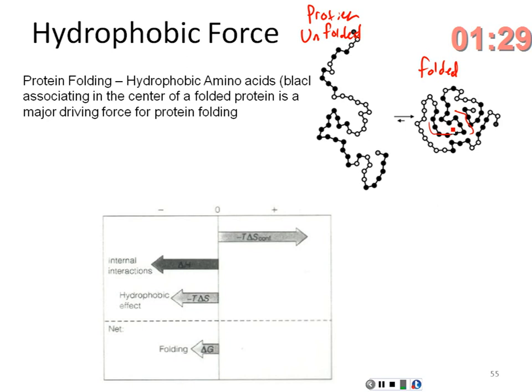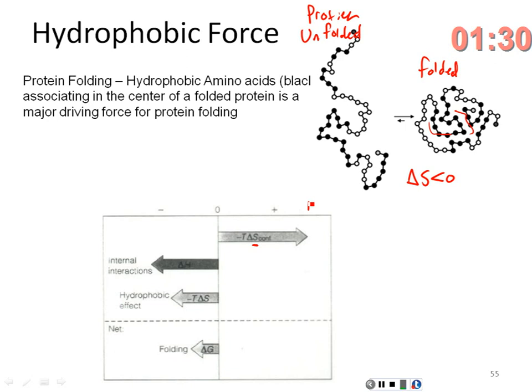So entropy would be a minus delta S for this transition. It's going to be less than 0. So the term negative T delta S would be positive.